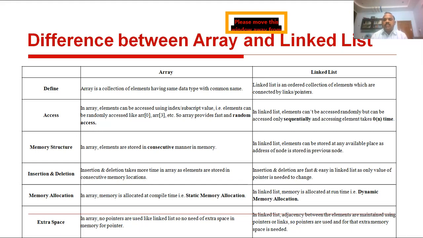Whereas in a linked list, adjacency between the elements is maintained using pointers or links, so extra memory space is needed. So extra memory space is not needed in arrays but is needed in linked lists.